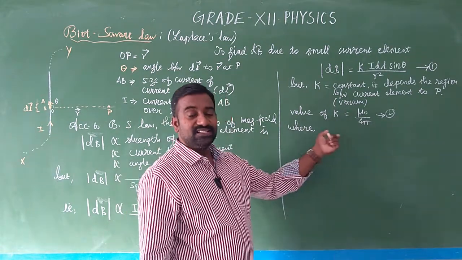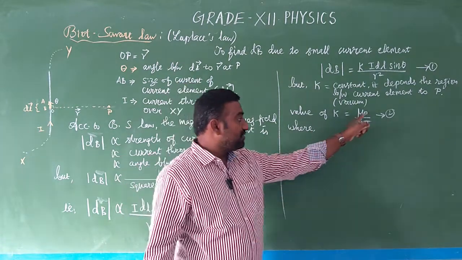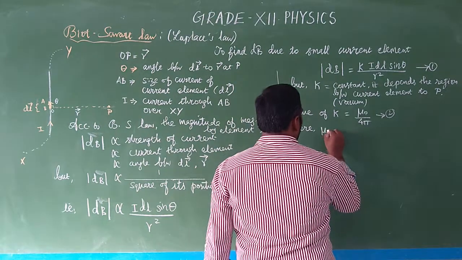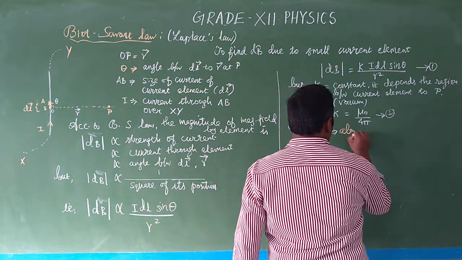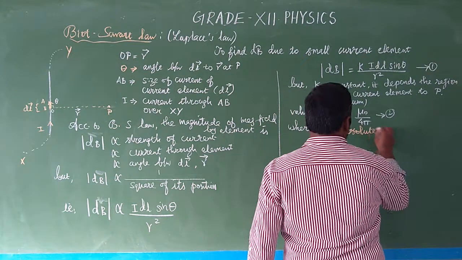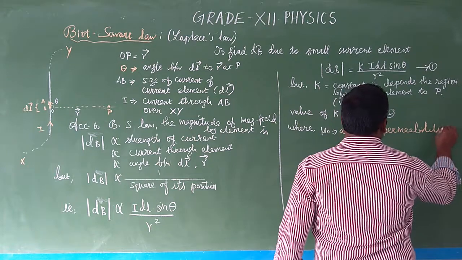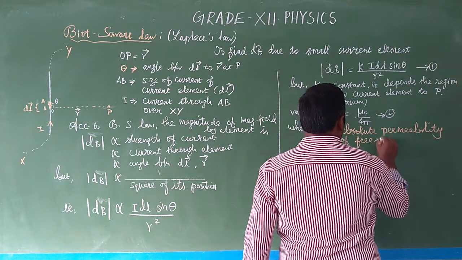But this is the magnetism lesson, so it is permeability. So mu naught is the absolute permeability of free space, that is a vacuum.